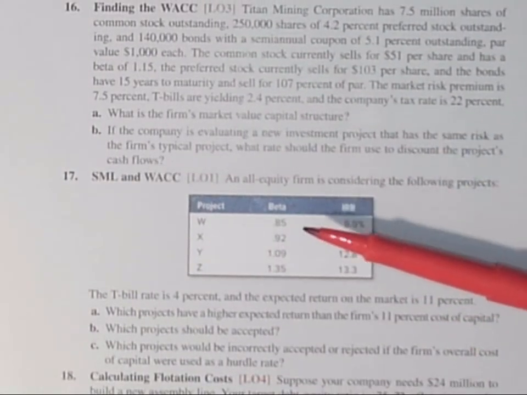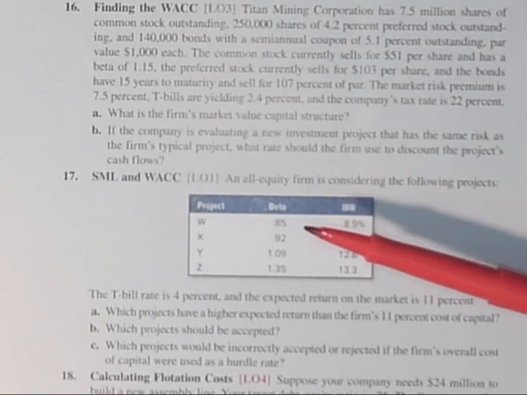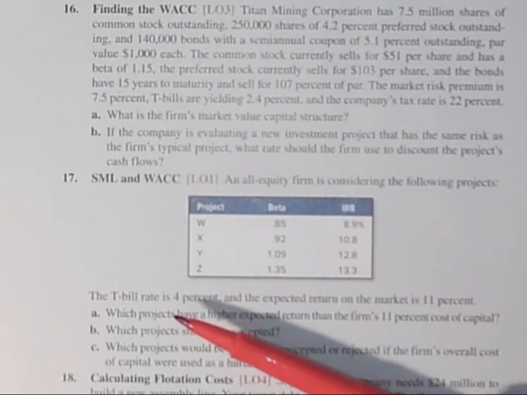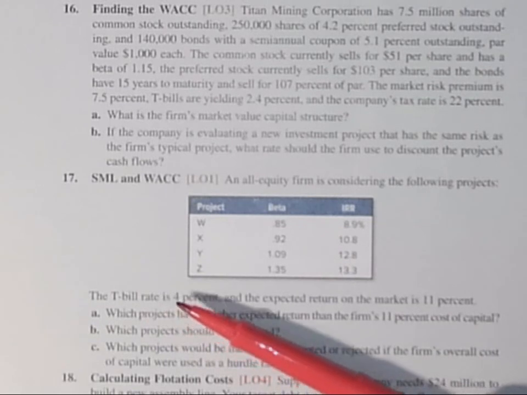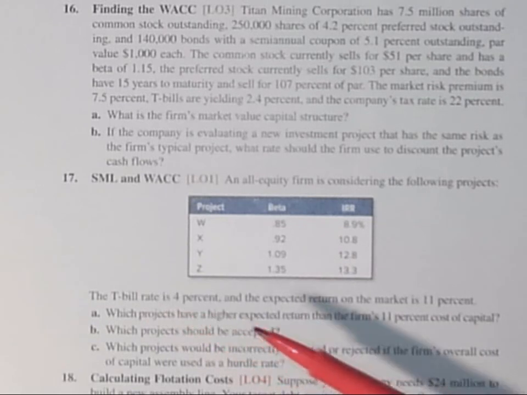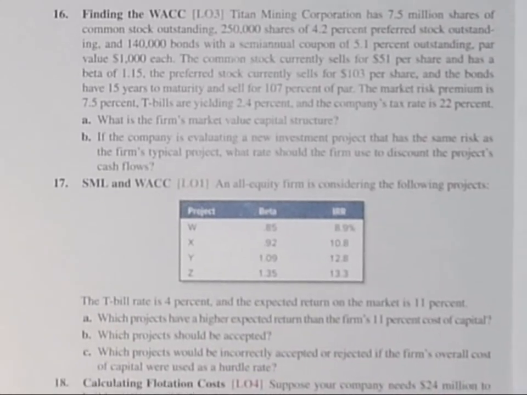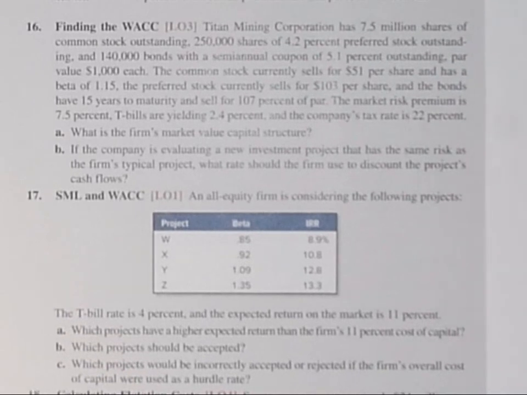So what's expected here is that you use the information given to you, which is we have a risk-free rate. It says T-bill rate, but the risk-free rate is 4%, and the expected return on the market is 11%. So this is given to you as a security market line type problem.